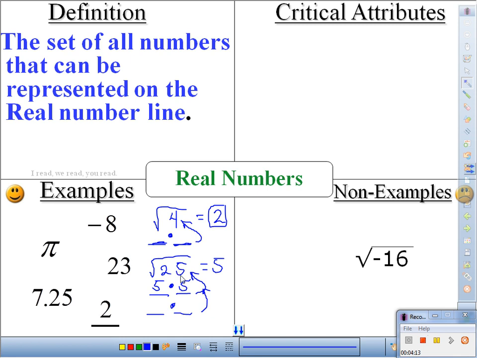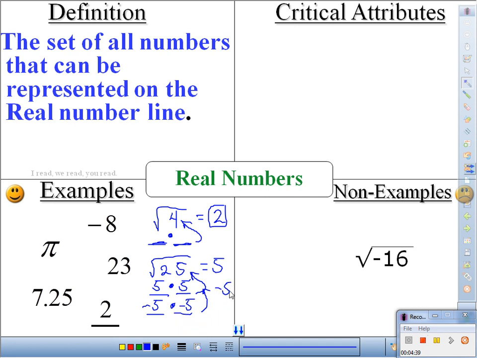Who thought negative 5 times negative 5? What is a negative times a negative? 25. So therefore, negative 5 would also be true. And is this a real number? Yes, it could be found on the number line.